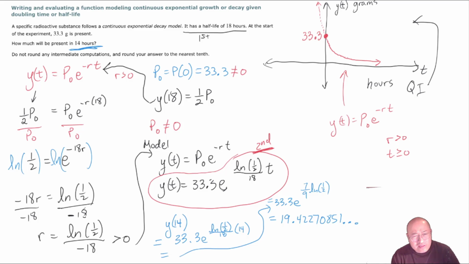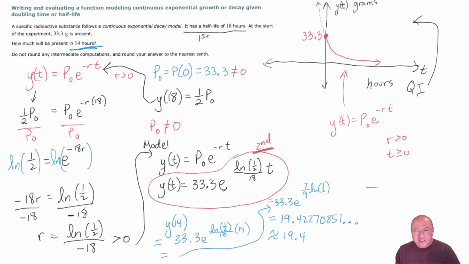The instructions say to round your answer to the nearest tenth. So if it says round your answer to the nearest tenth, we simply look at the hundredths place. Hundredths place is 2, so we are going to round this down to 19.4.